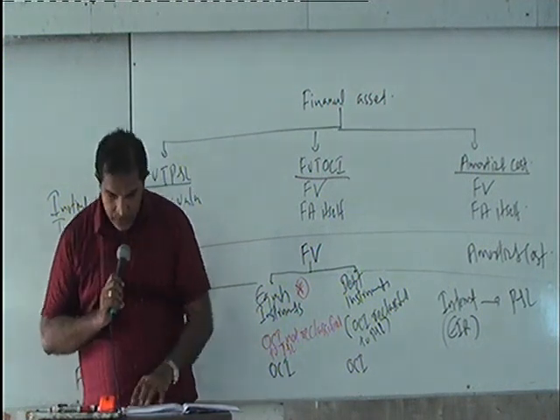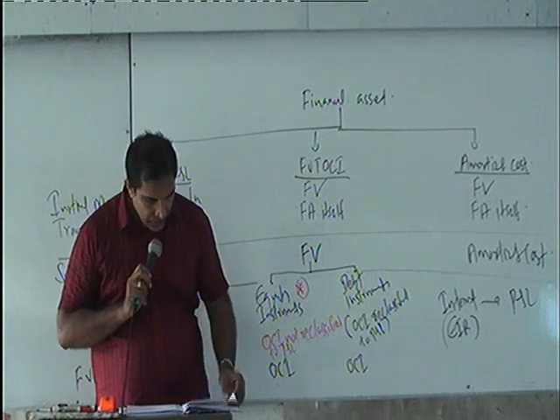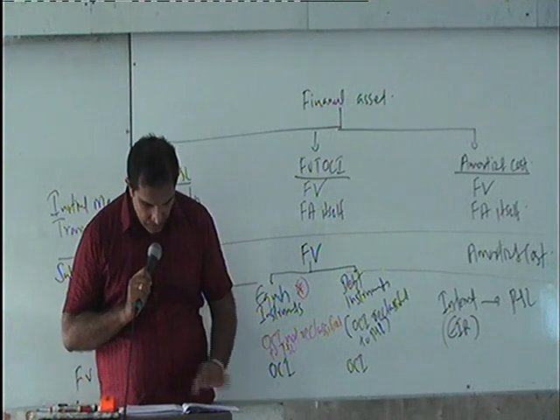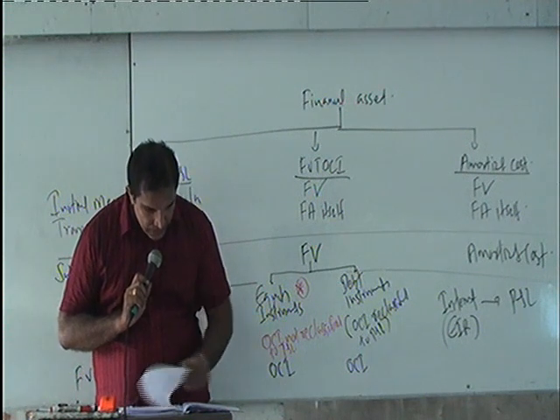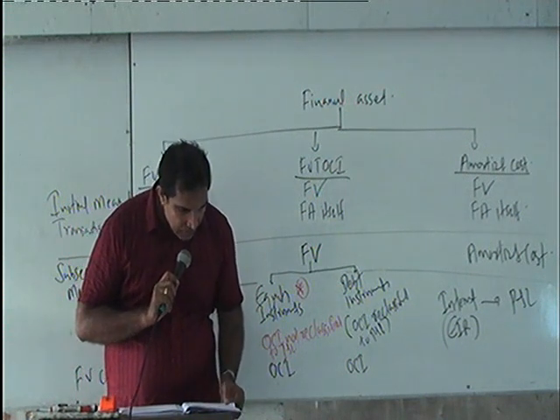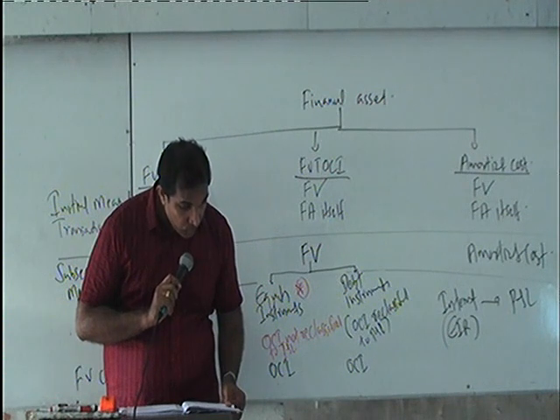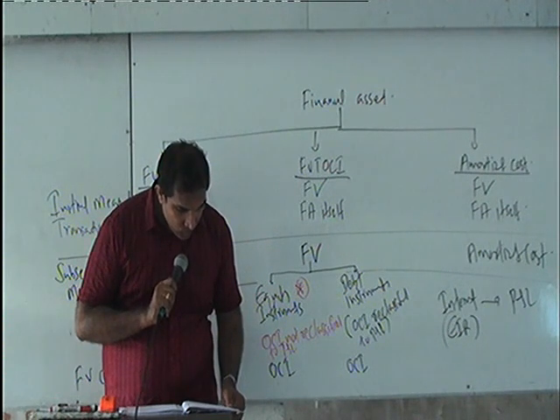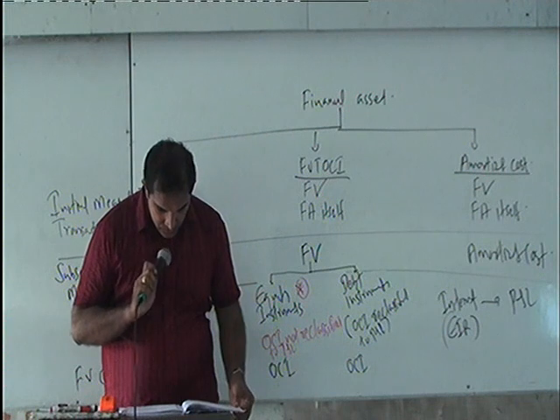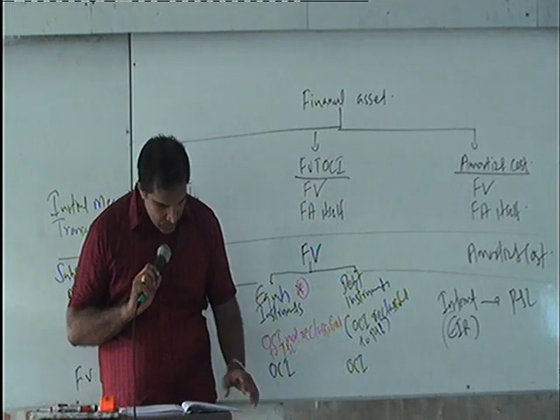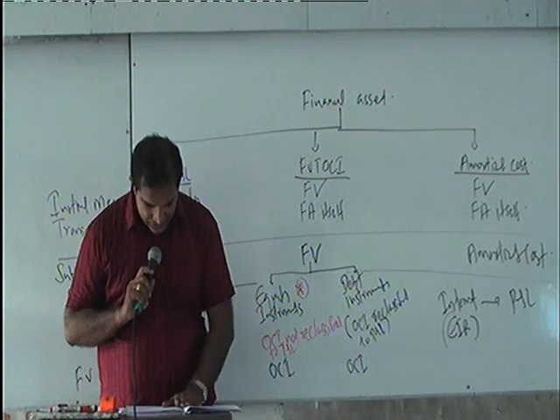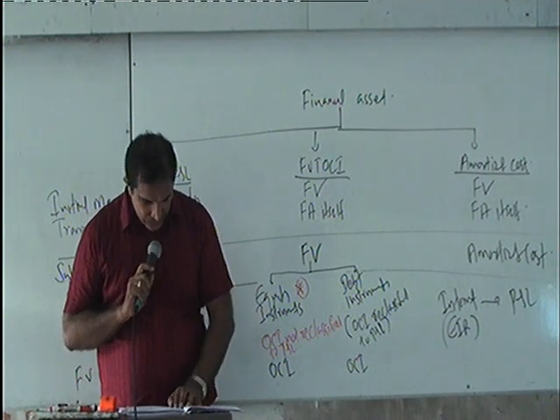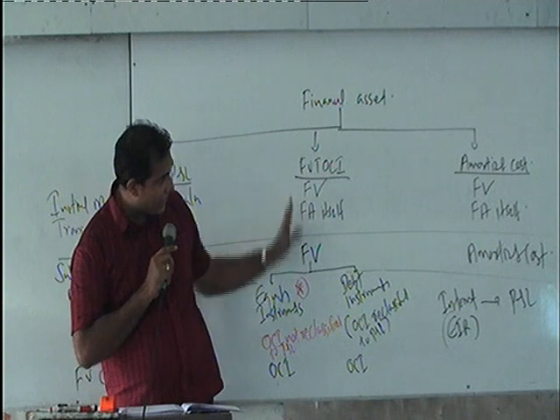With that explanation, you know, practice question number 1, practice question number 2, practice question number 3, practice question number 4. Even practice question number 5 also we can discuss, because we have discussed.